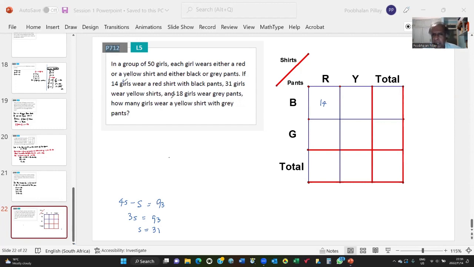31 girls wear yellow shirts. So yellow shirts altogether, right, they could wear yellow shirts and black pants or yellow shirts and gray pants. But altogether, you've got 31 girls with yellow shirts. So I'm putting down the totals here.